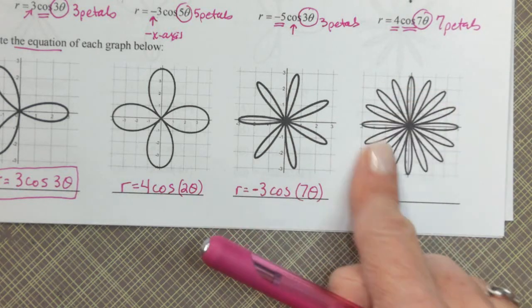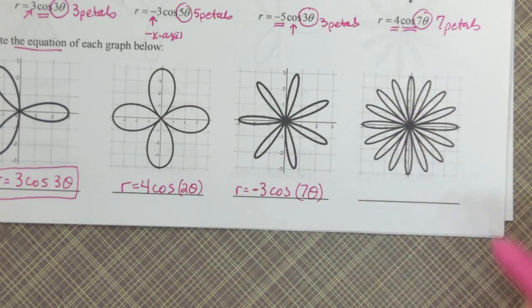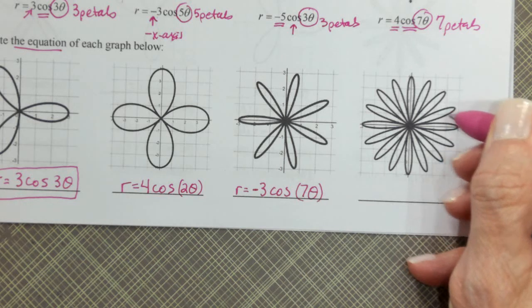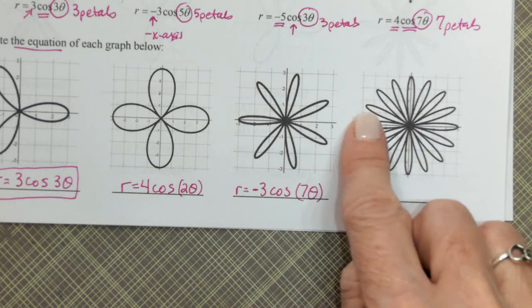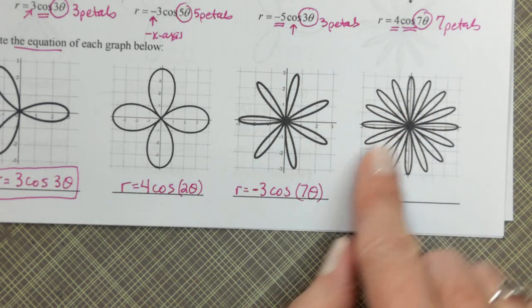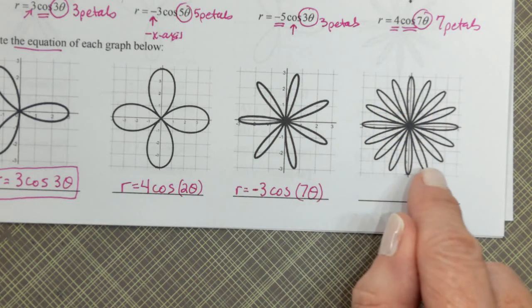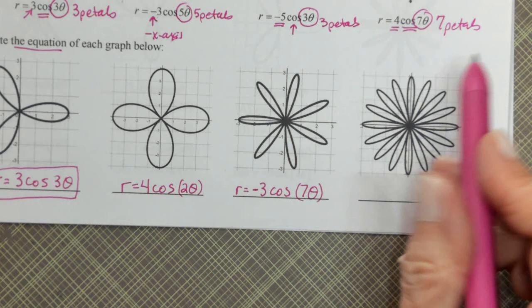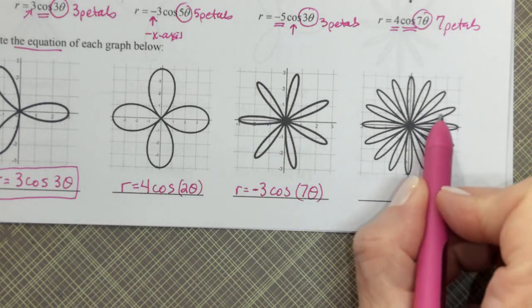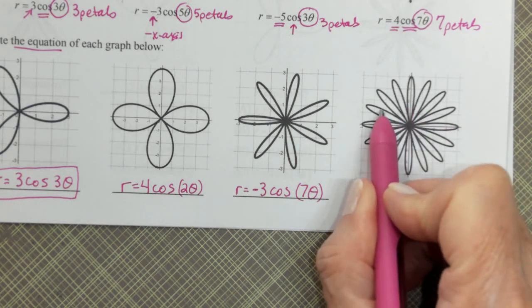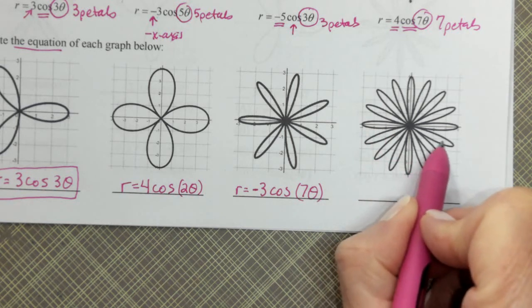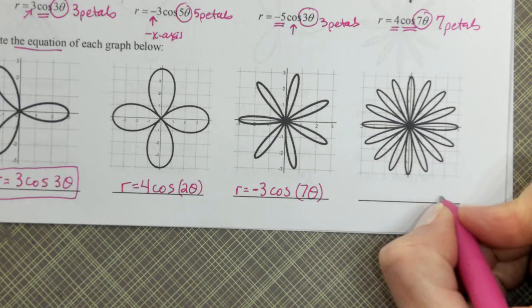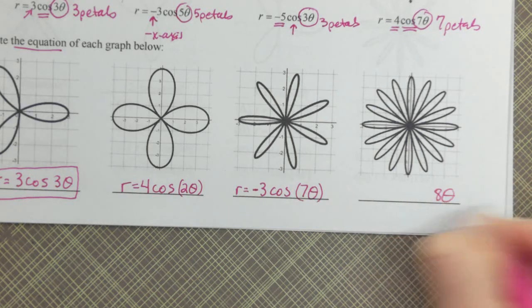Okay. How many petals? First of all, you guys, I see that there are petals on every axis. So I know it's going to be an even number. Okay? So let's go ahead and count them. 1, 2, 3, 4, 5, 6, 7, 8, 9, 10, 11, 12, 13, 14, 15, 16. 16 petals, so 8 theta.